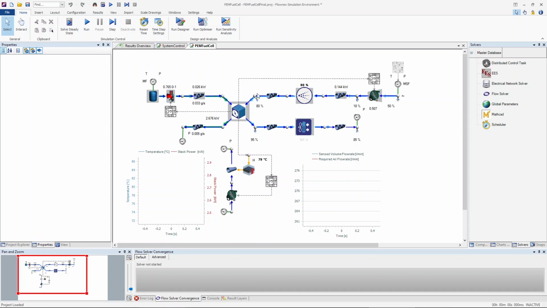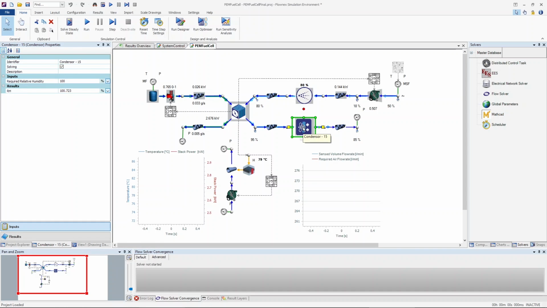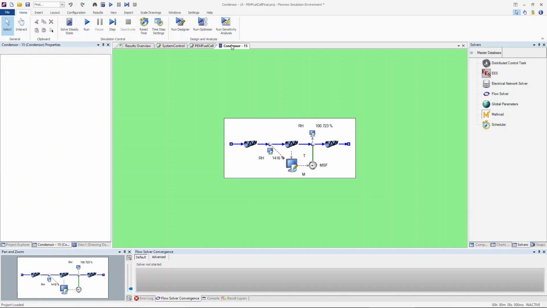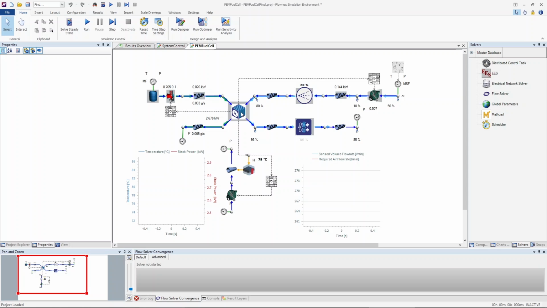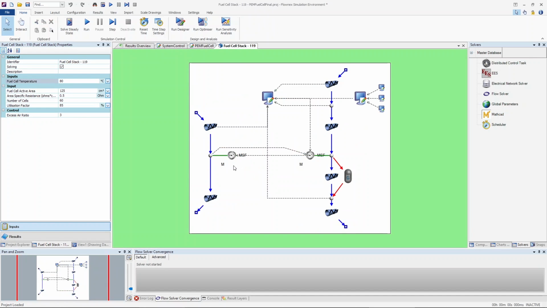And essentially we have a dehumidifier or the condenser, essentially cooling down the airstream to condense a certain amount of water, and this was also done through the use of a custom component. So when we look inside of the PEM fuel cell, this is just one example of how we can realize the physics and the behavior of the fuel cell stack inside of the simulation model.